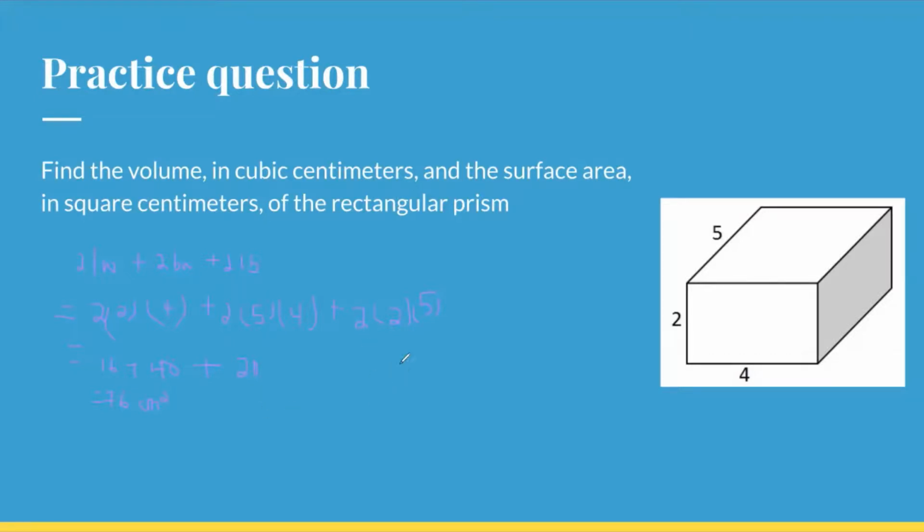And for the volume, the formula is length times base times width, which would be 2 times 4 times 5, which is going to be 40 cubic centimeters.